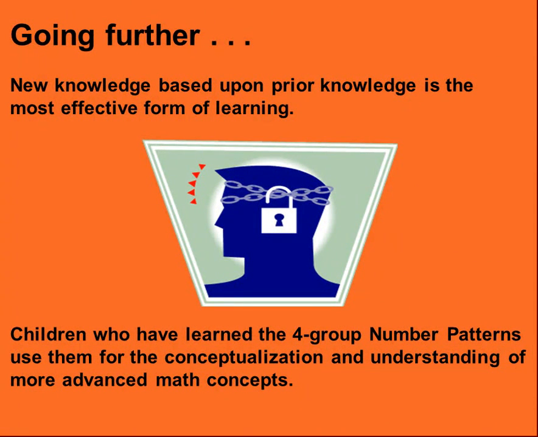New knowledge based upon prior knowledge is the most effective form of learning. Children who have learned the four-group number patterns use them for the conceptualization and understanding of further math concepts.